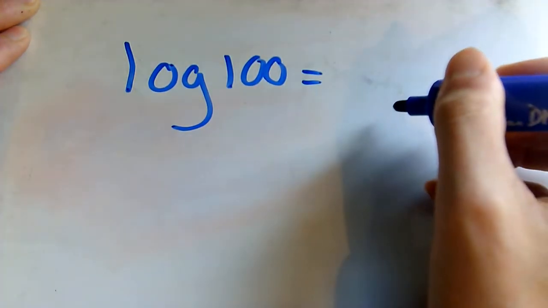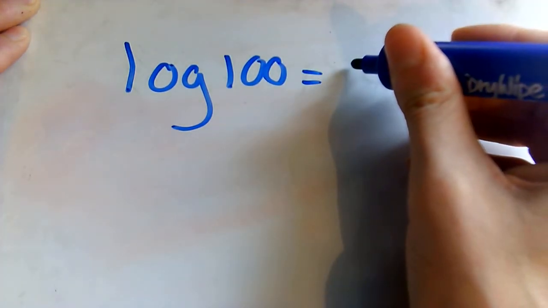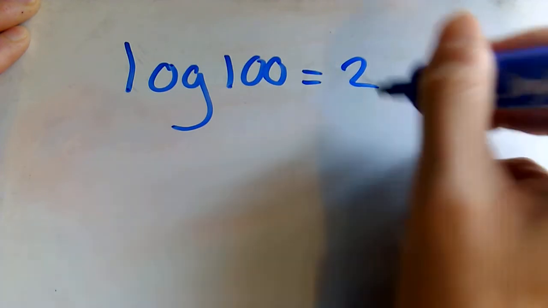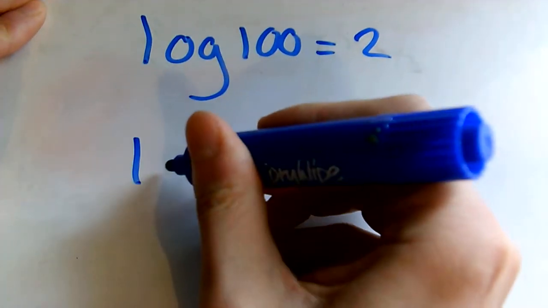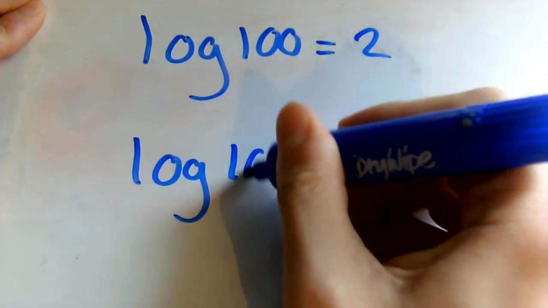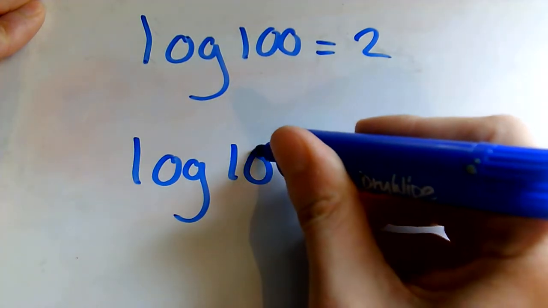There's one more rule that comes up quite often as well, which is what happens when you have logs that have a power themselves. Well, going back to this one, log 100, obviously that is going to be 2. But you can think about this as log of 10 squared, which is 100.